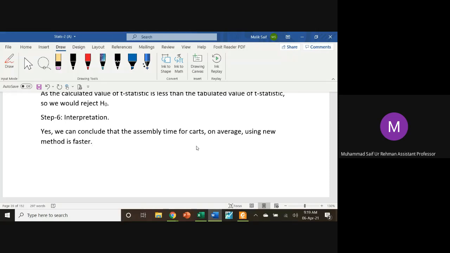Understand? So you have given this interpretation, and it means that the new method is good, as it has reduced the time of assembling the card on average.